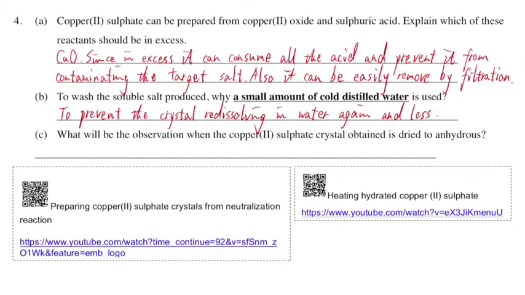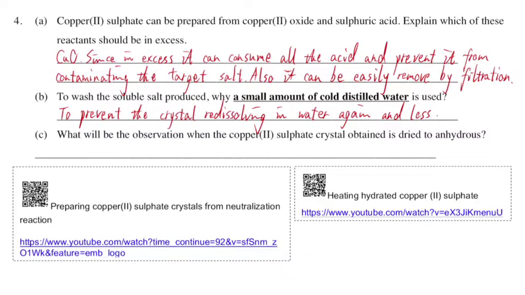Okay, last question. What will be the observation when the copper(II) sulfate crystal obtained is dried to anhydrous? If you still remember the copper(II) sulfate crystal that we have in our lab, that's the giant crystal sample in our lab. It's blue in color.